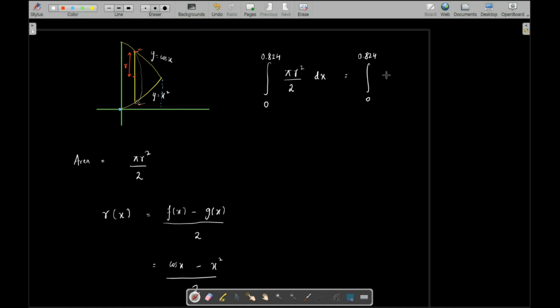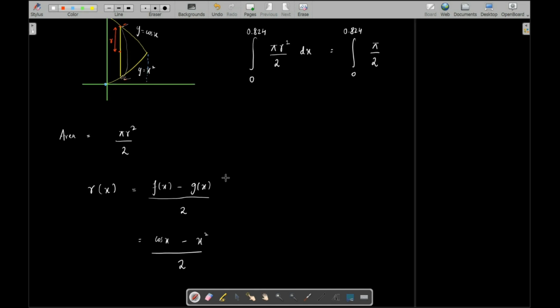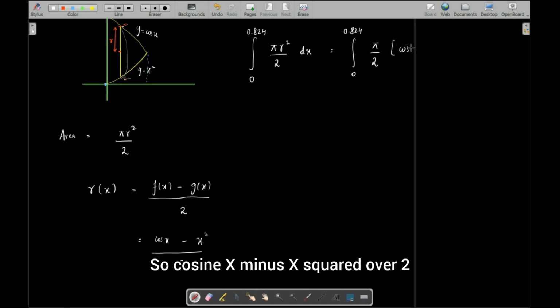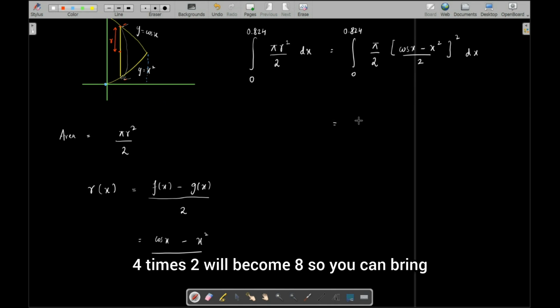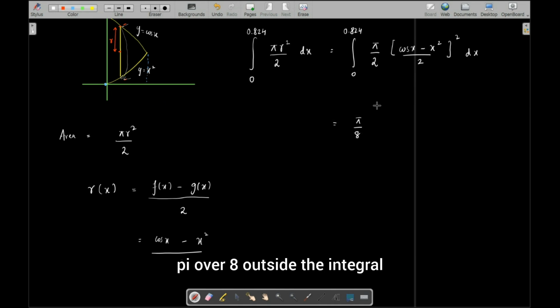So pi over 2, and r of x is this: cosine x minus x squared, over 2, whole squared, dx. If you take the whole square, 2 squared becomes 4, and 4 times 2 becomes 8. So you can bring pi over 8 outside the integral.